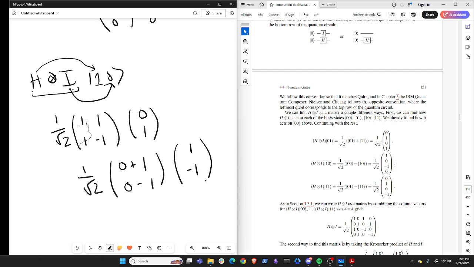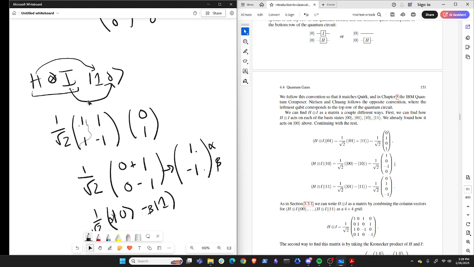One and negative 1. So that brings us down here to our Hadamard state of 1 over square root of 2, state 0 minus state 1, where these are just our amplitudes, alpha and beta, for our two states here.